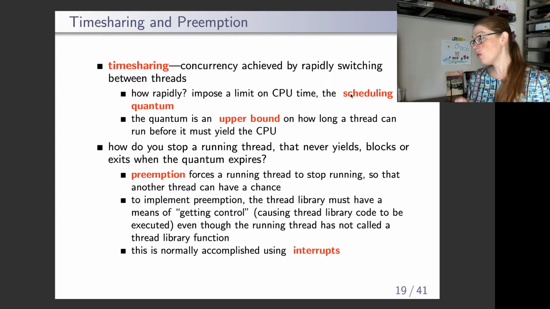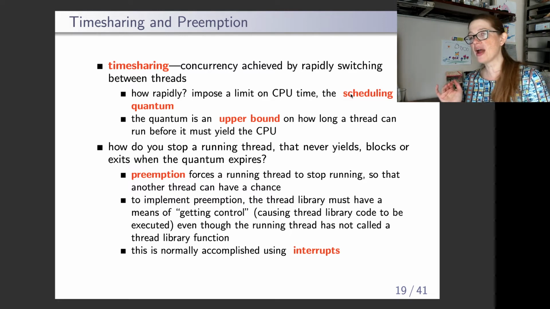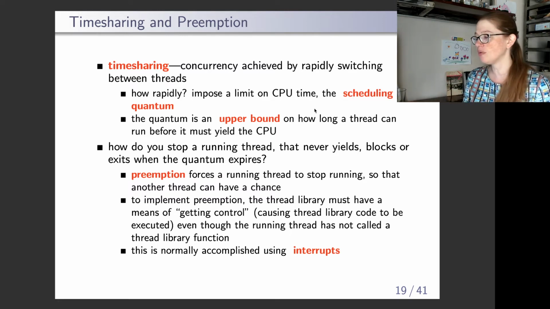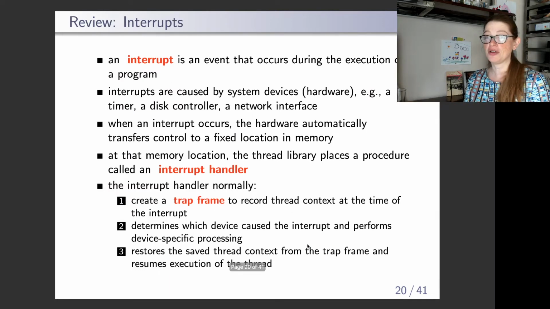So we need some way of getting control back from the thread when the time limit expires. This involuntary stopping of the thread, by the way, we call preemption. And the length of time we're going to let a thread run for, we call the scheduling quantum. It's the upper bound on the length of time any given thread can run for on the CPU before it must context switch or try to context switch.